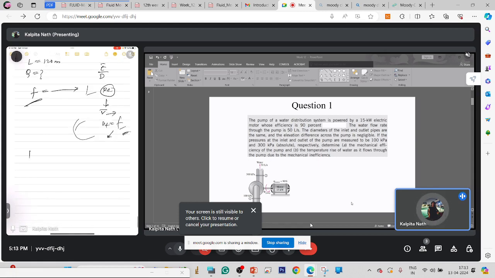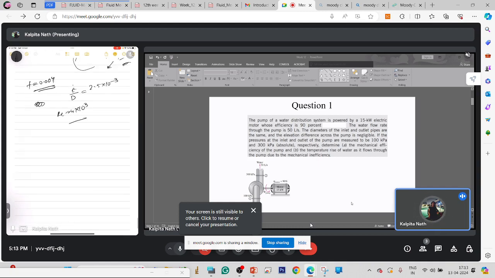Here I have started with an F value of 0.004. Epsilon by D we have calculated as 2.5 into 10 to the power minus 3, and from Moody's chart we found that the Reynolds number is 4 into 10 to the power 3.